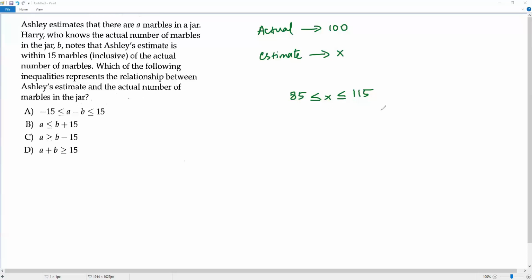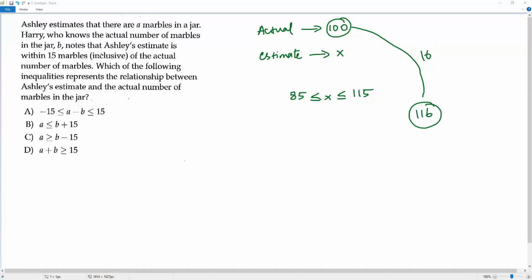For example, if my estimation is 115, what is the difference between my estimation and the actual number of marbles? The actual number is 100, and if my estimation is 115, then the difference is 15. What if my estimation is greater than this value? For example, if it is 116, the difference between the actual number and my estimation will be 16.